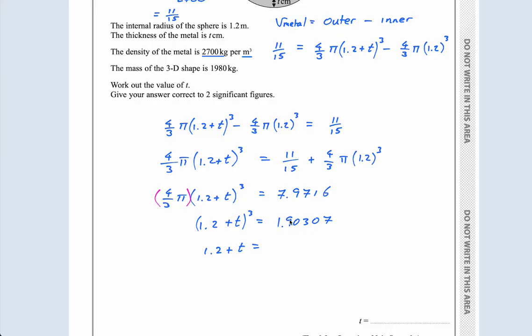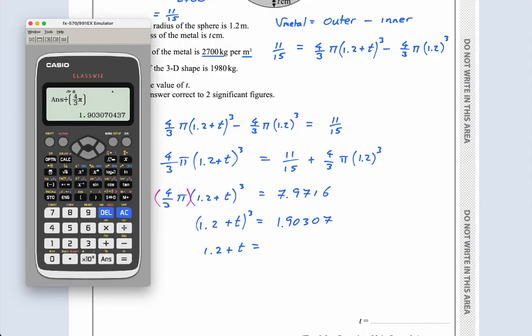So what is the cubed root of 1.9? The cube root of 1.9 is equal to 1.23856.